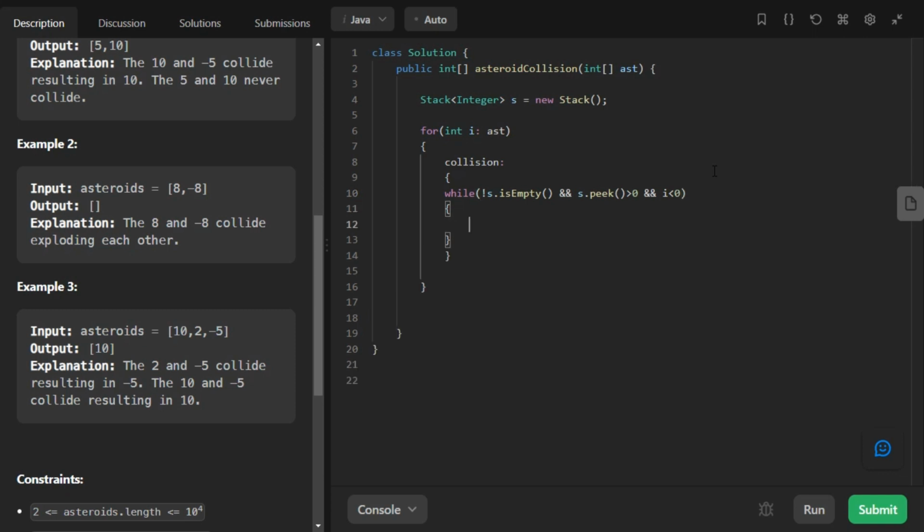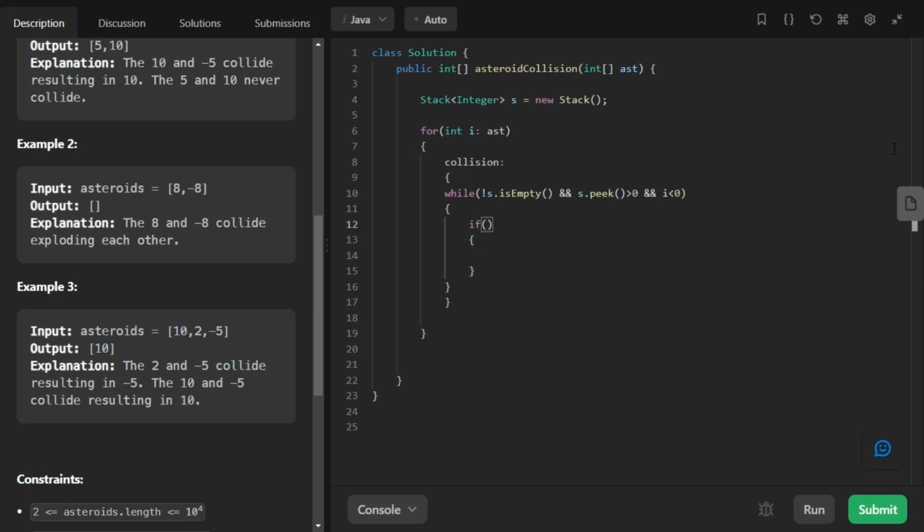The element at the top of the stack is greater than 0 and the upcoming element is less than 0, then definitely we have to work inside of the condition. Let me write down the code completely and then I will explain exactly what is going on. Okay.